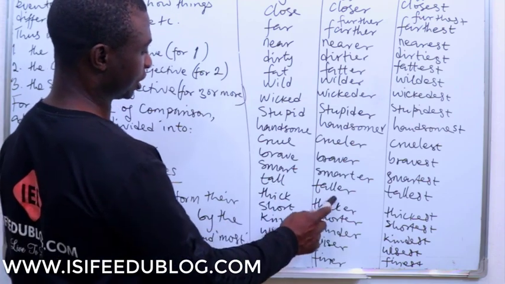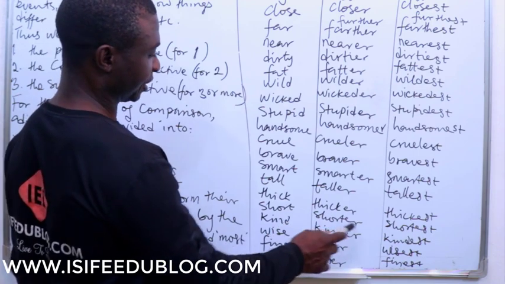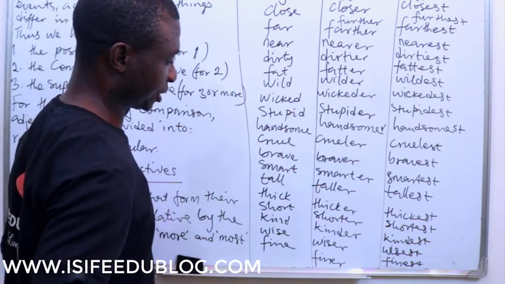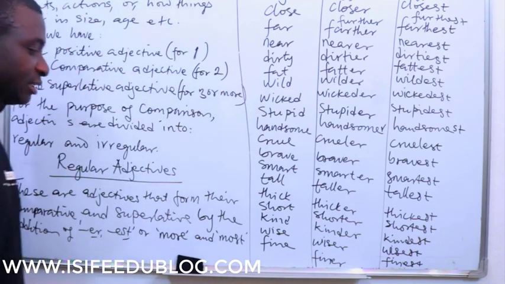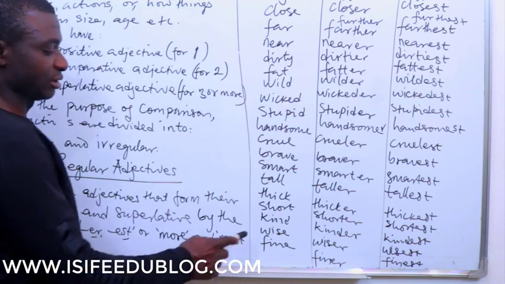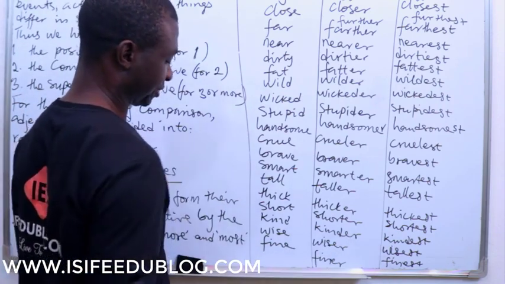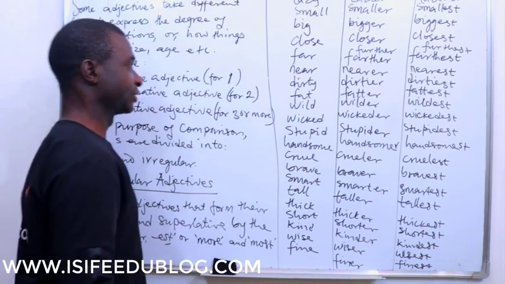Tall, taller, tallest. Thick, thicker, thickest. Short, shorter, shortest. Kind, kinder, kindest. Wise, wiser, wisest. Fine, finer, finest.